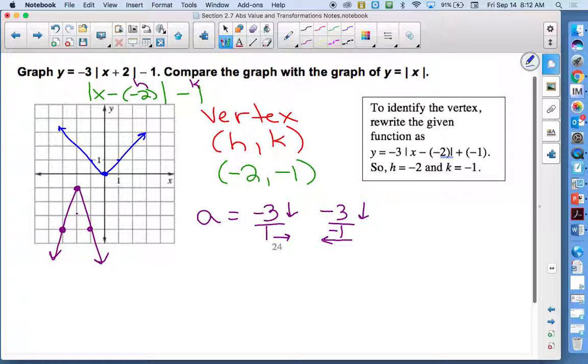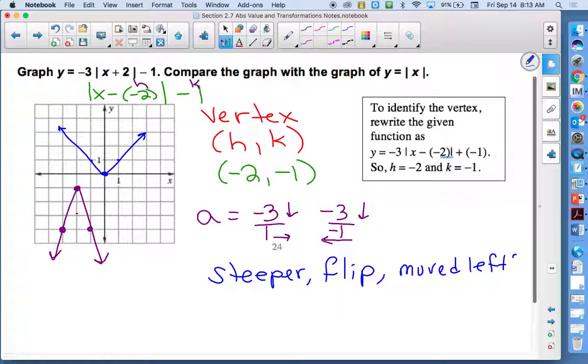So how did the graph change? Julie? It's steeper and it's flipped upside down. So steeper, it flipped. And it's also shifted to the left. It shifted to the left, and it moved down 1.